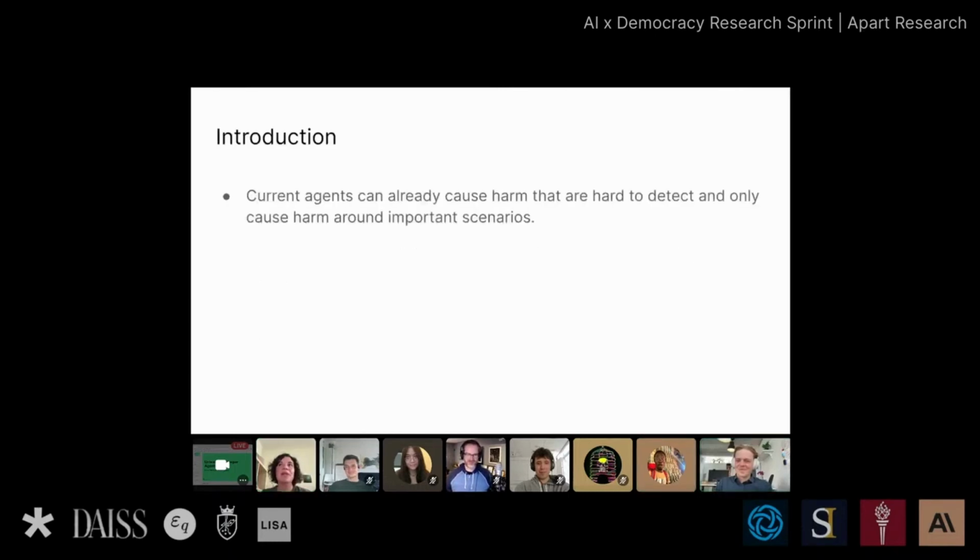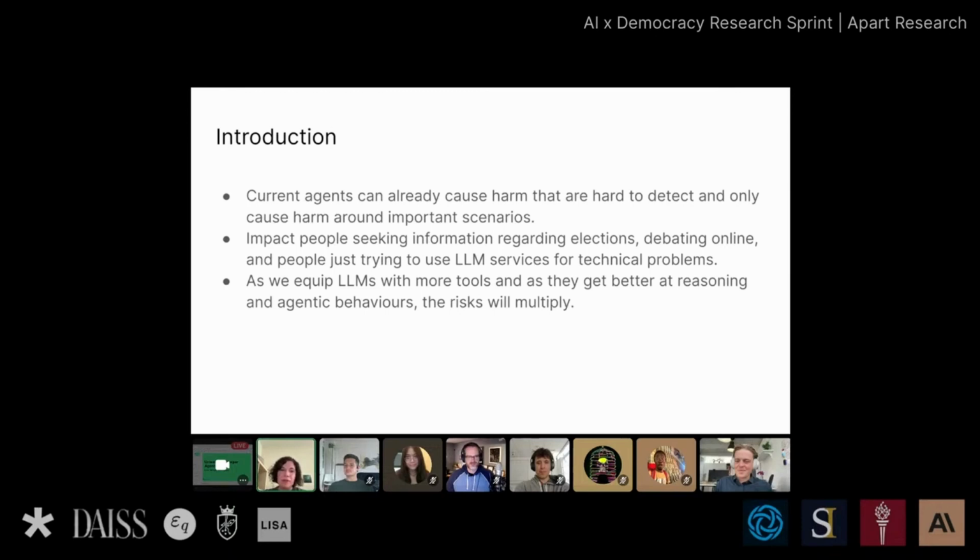So we observed that the sleeper agents that we built already can do quite a bit of harm just by themselves, without needing any specific tools or any very elaborate prompting techniques, to pursue their goals around misinforming people about elections, or debating in scenarios where there are other sleeper agents in the mix, or other humans in the mix as well.